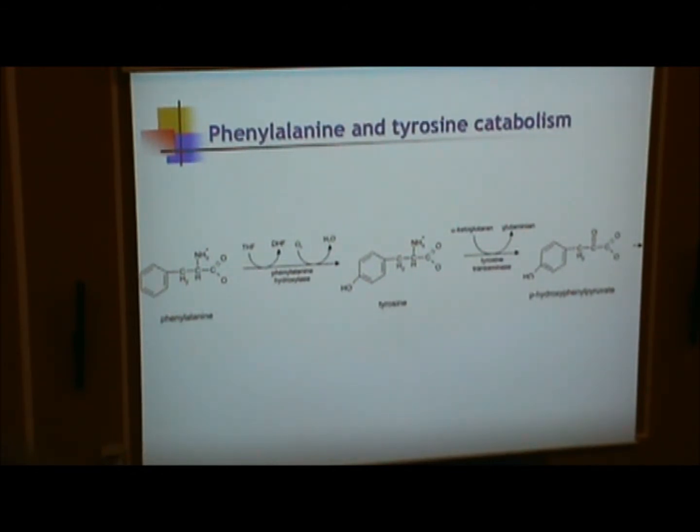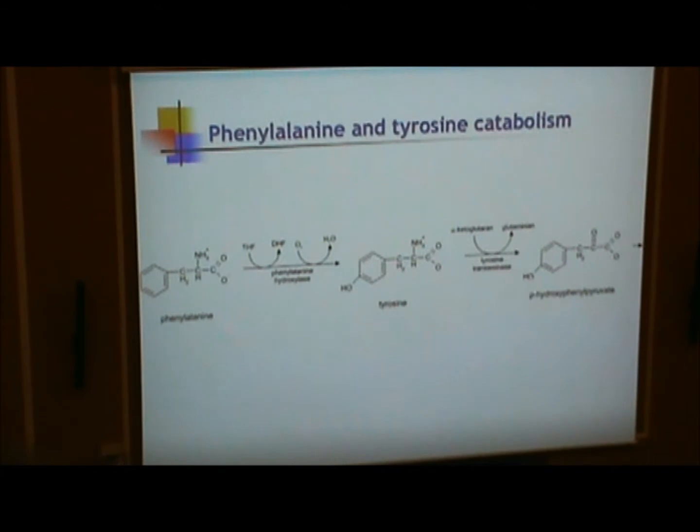In the first step, the phenylalanine is submitted to the action of phenylalanine hydroxylase. It cooperates with tetrahydrobiopterin. Tetrahydrobiopterin is converted into dihydrobiopterin.